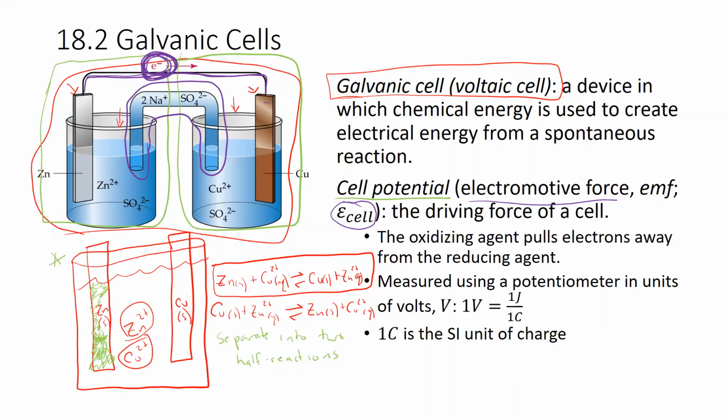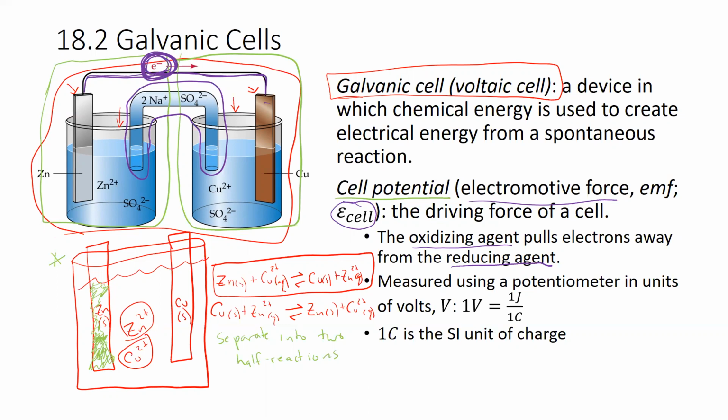In that spontaneous direction, you'll have an oxidizing agent which is being reduced, and that oxidizing agent is pulling electrons away from the reducing agent because it wants those electrons more. We're going to have some values that we can use to compare which element is a better oxidizing agent or a better reducing agent, and we'll look at those once we get a little more of these tools under our belt.